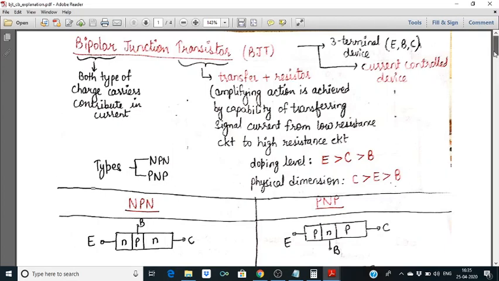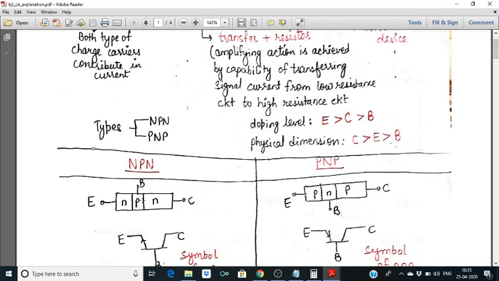In terms of doping level, the emitter is highly doped while the base is lightly doped, and the doping level of the collector is in between these two. According to physical dimension, the collector has the largest area while the base is quite thin.